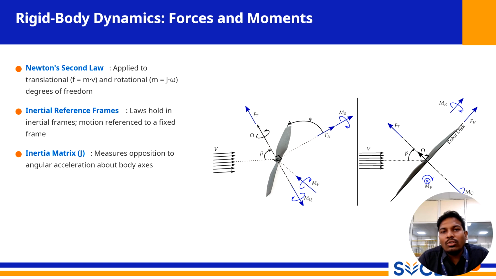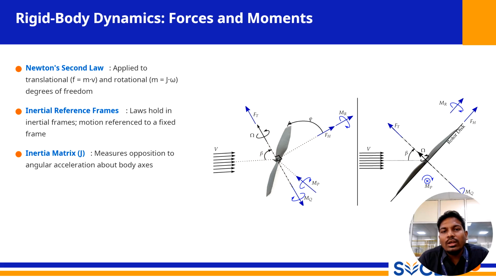Similarly, for rotational motion, the sum of all moments, or torques, is equal to the drone's inertia matrix multiplied by its angular acceleration. These moments, such as those generated by the different thrust of the propellers, are what cause the drone to roll, pitch, and yaw.